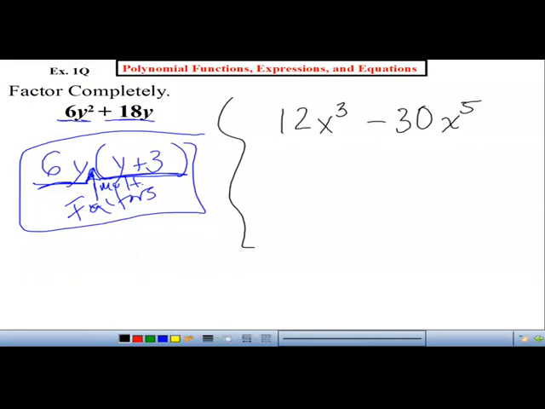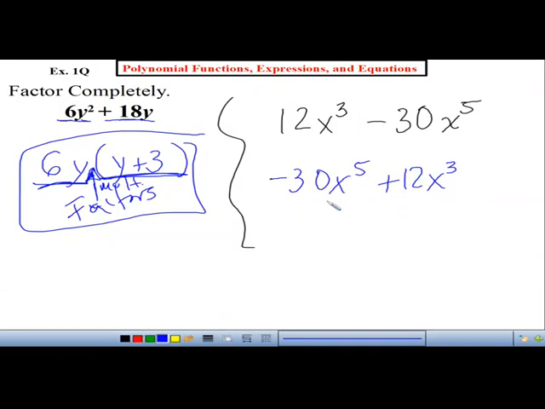Check to see if it's in standard form. Is it in standard form, guys? No, so that means I need to write negative 30x to the fifth and then plus 12x cubed. Now that it's in standard form, let's start the whole process.